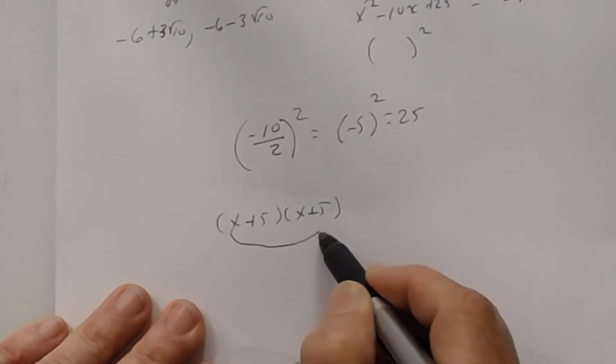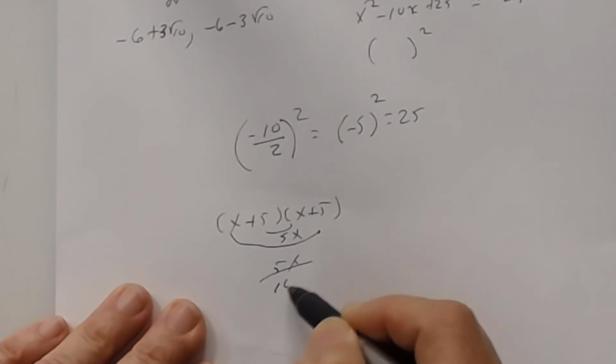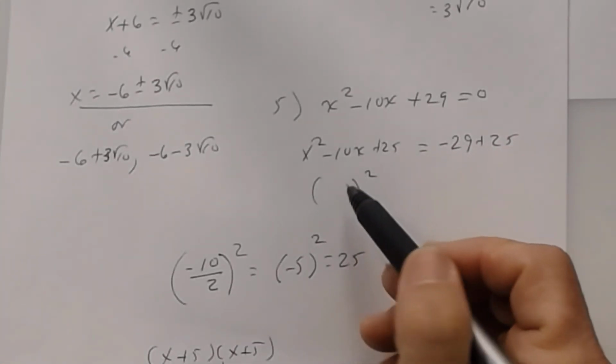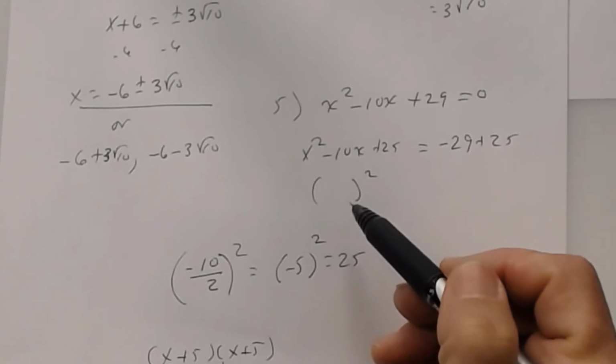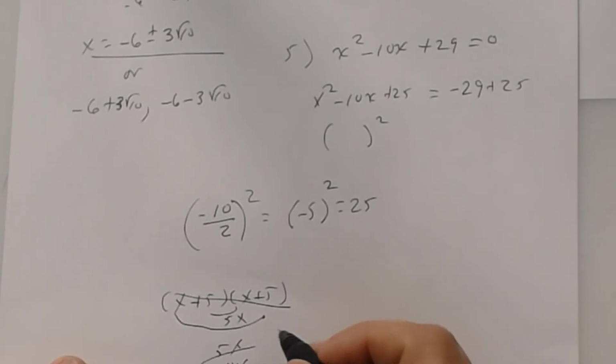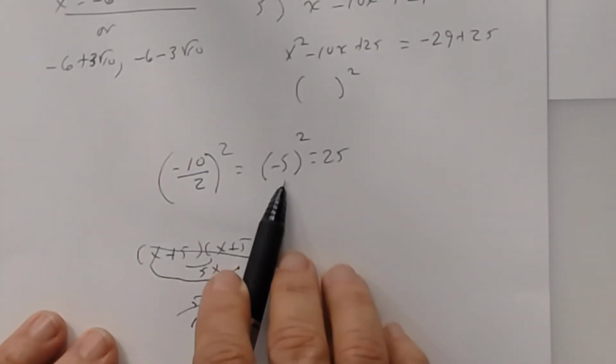Because what's the outer? 5x. What's the inner? When I add them up, what do I get? 10x. What do I want? Negative 10x. So it cannot be x plus 5. It has to be what?